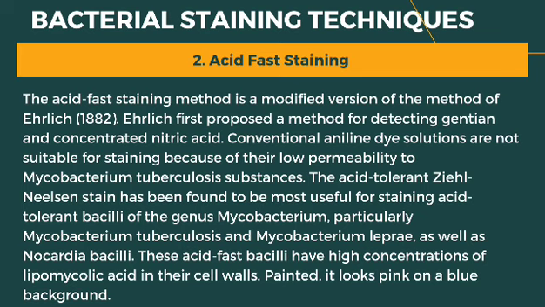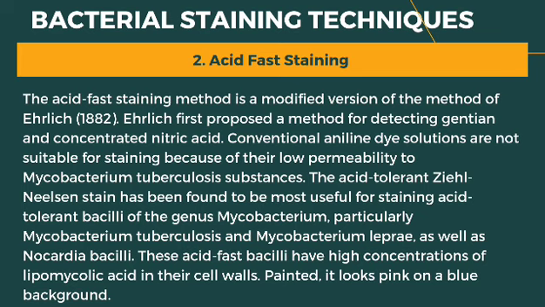Now let's talk about acid fast staining. The acid fast staining method is a modified version of the method of Ehrlich. Ehrlich first proposed a method for detection using concentrated nitric acid. Conventional aniline dye solutions are not suitable for staining because of their low permeability to Mycobacterium tuberculosis.